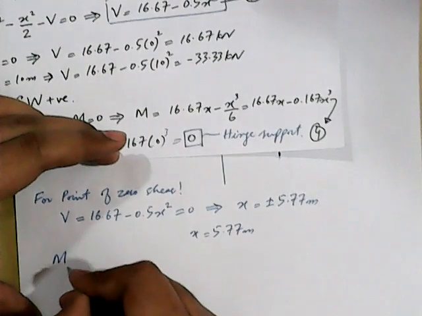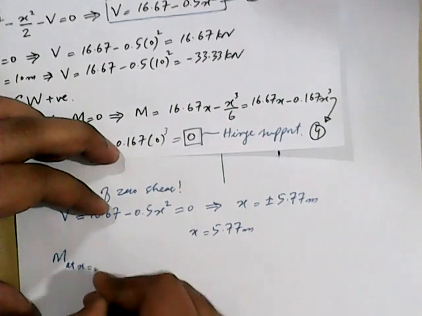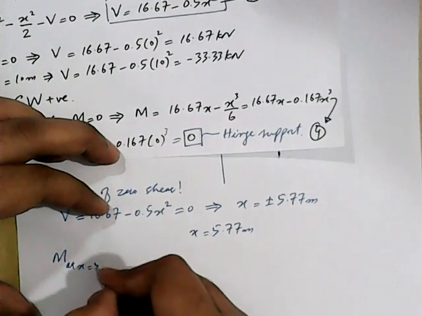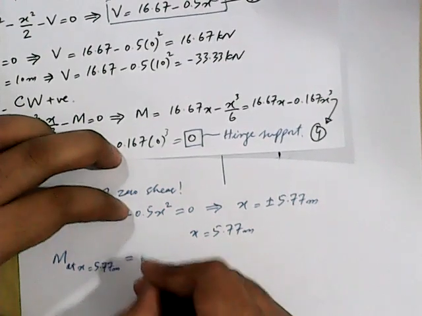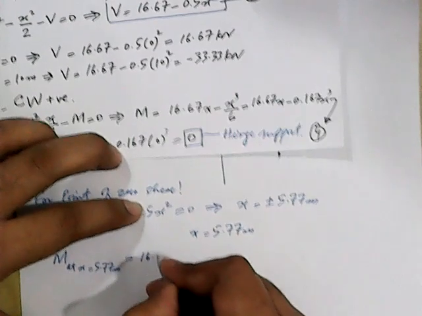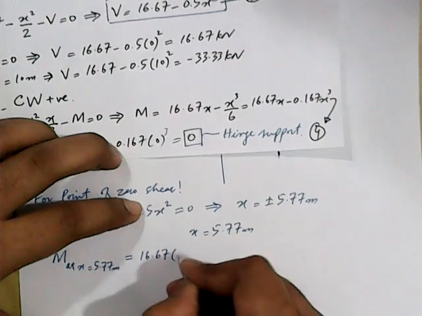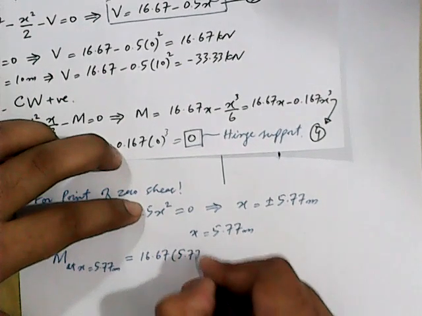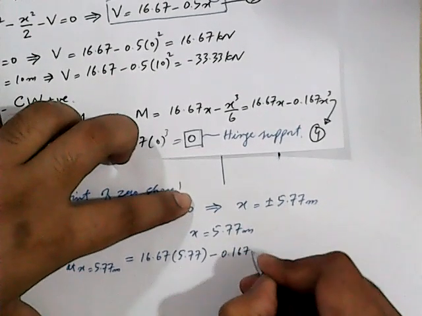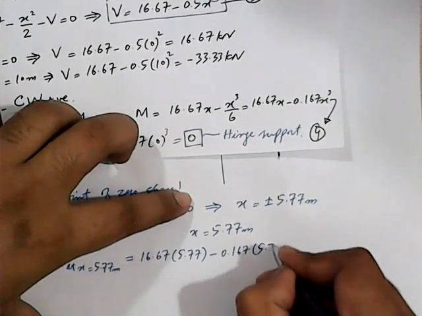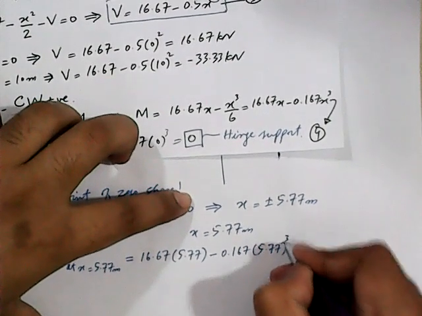So M at x equal to 5.77 meters is 16.67 into 5.77 minus 0.167 into 5.77 cubed.